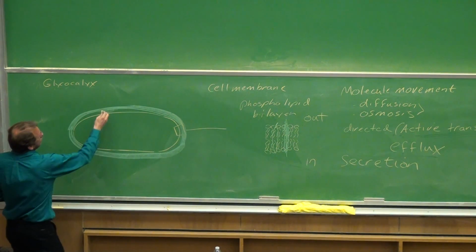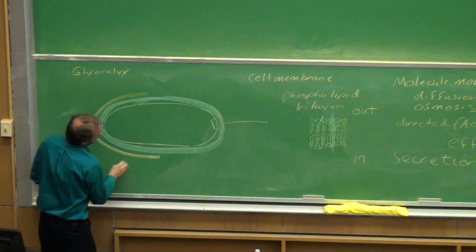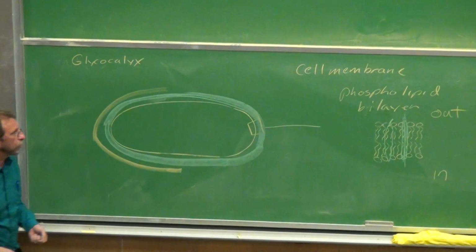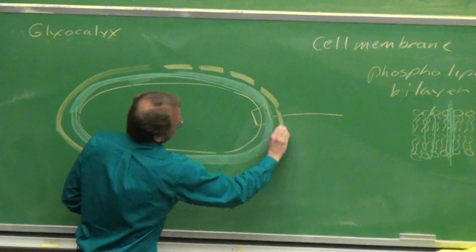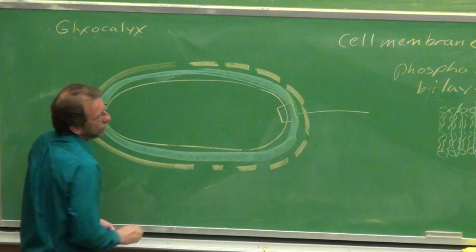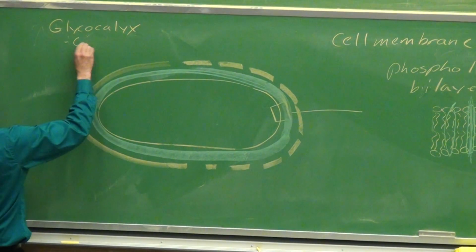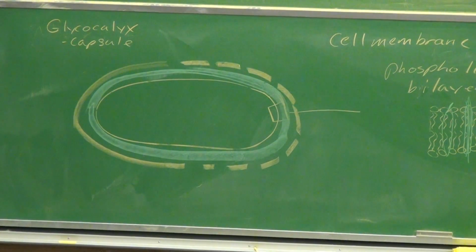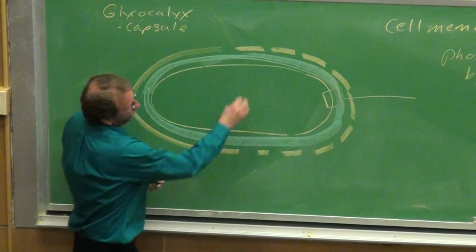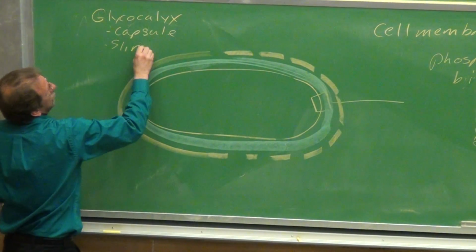And the glycocalyx is outside the cell wall, secreted by the microbe itself. And we can call it a couple of things. If it's entire and complete, we refer to it as a capsule. If it's diffuse and irregular, we call it a slime layer.